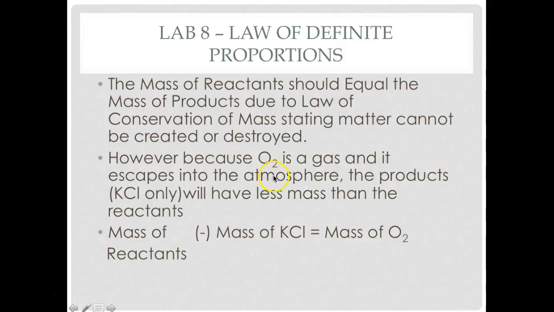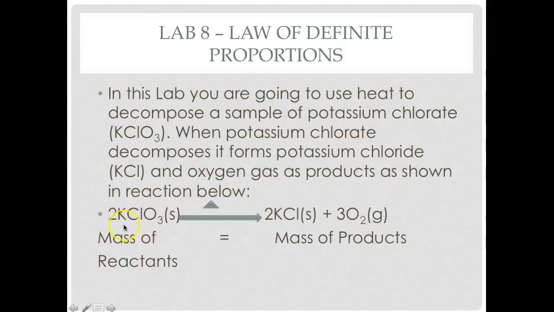So the mass of the product is going to be less than the mass of the reactant because the oxygen has escaped. What's left is the potassium chloride, which is a solid. So the final mass after the reaction is going to be less than the starting mass.